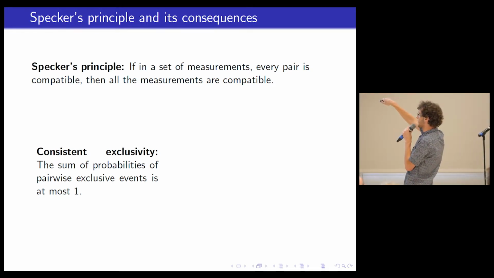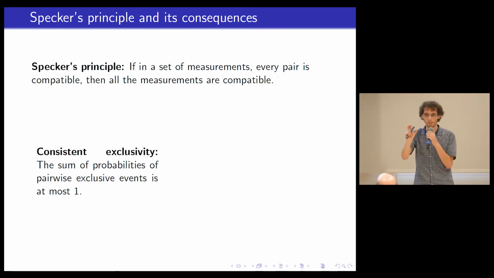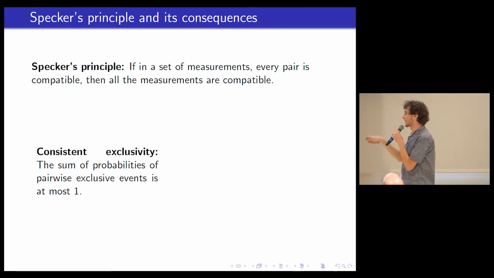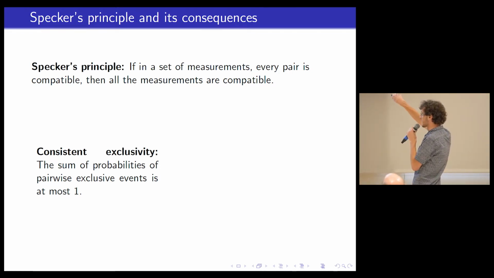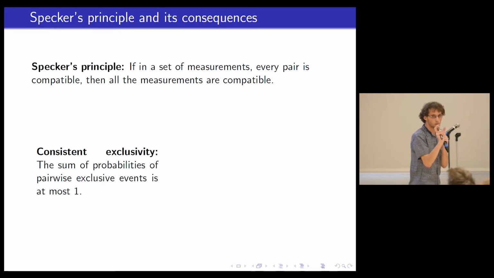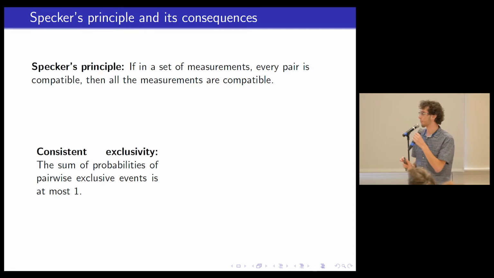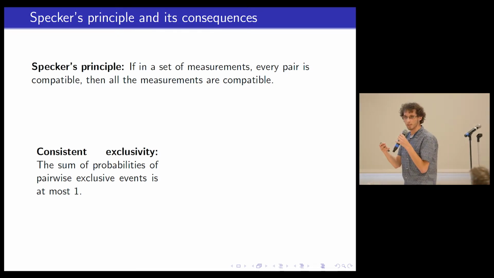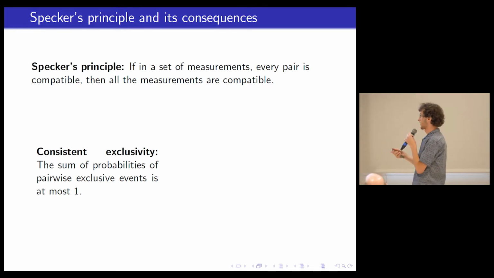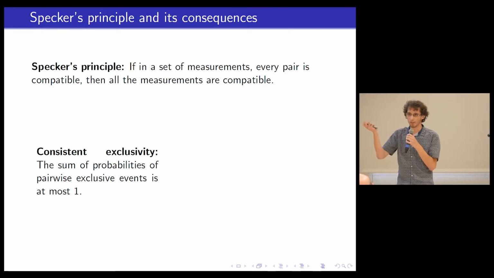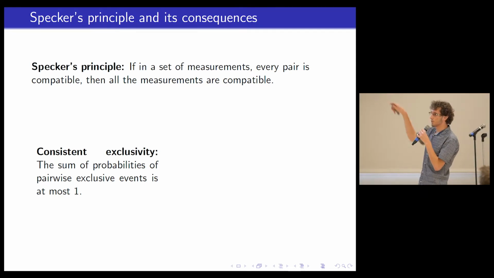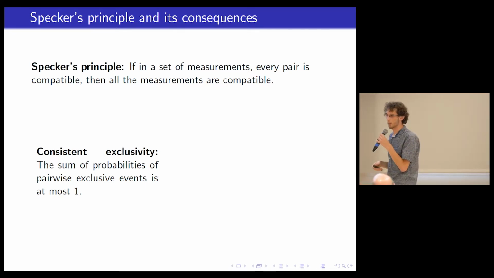Basically what it says is that whenever we have a set of events, so now not measurements, but a set of outcomes, such that any two of these events are exclusive, so that they cannot both occur at the same time, then adding the probabilities of all of these events cannot exceed 1. So this is a bit of a strange principle, but it actually follows from Specker's principle.